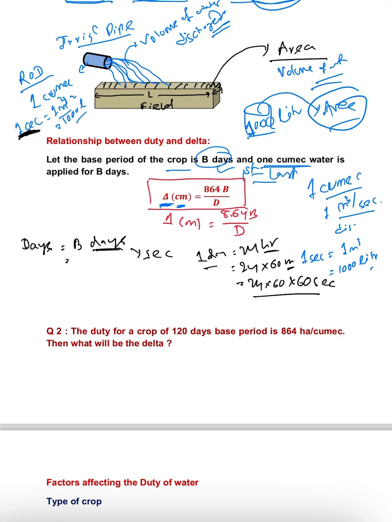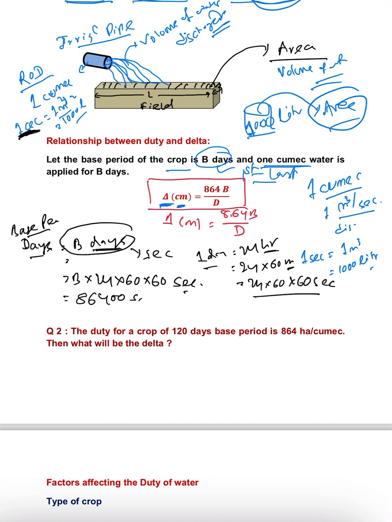So 1 day is equal to this much. So B days will be B into 24 into 60 into 60 seconds. So either we can say the base period is B days, or the base period is 86400 seconds.